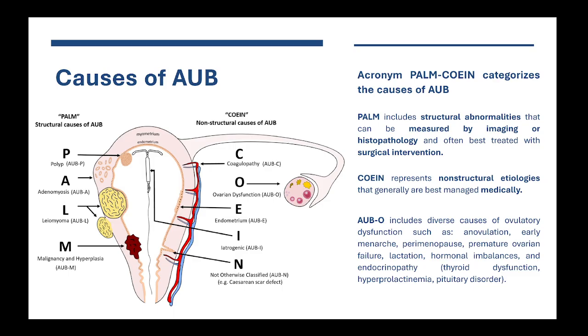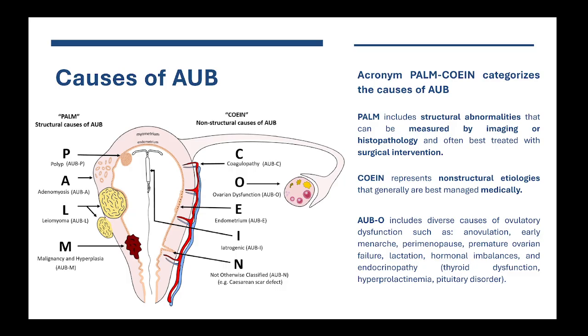So, what are the causes of abnormal uterine bleeding? There's an acronym that can be very useful. It's called the PALM-COEIN acronym, and it characterizes some causes of abnormal uterine bleeding. The PALM portion includes mostly structural abnormalities, which can be measured by imaging or histopathology, and they include causes that usually are best treated with surgical intervention.